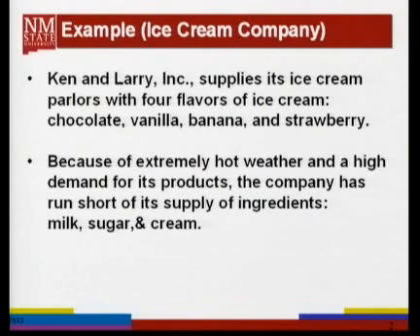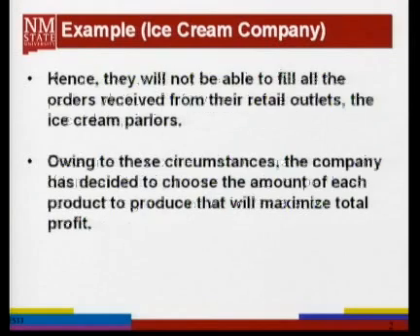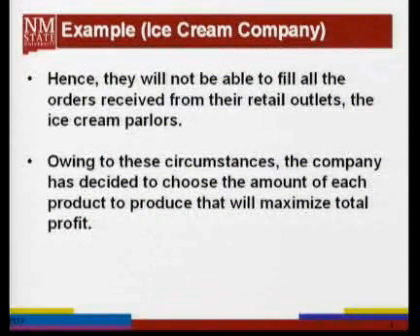Anyhow, because of extremely hot weather and a high demand for its products, the company has run short of its supply of ingredients such as milk, sugar, and cream. Okay? So they will not be able to fill all the orders received from their retail outlets, the ice cream parlors.